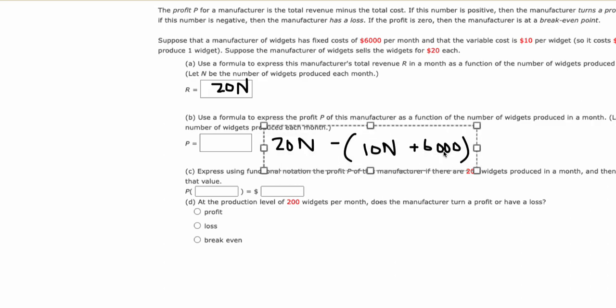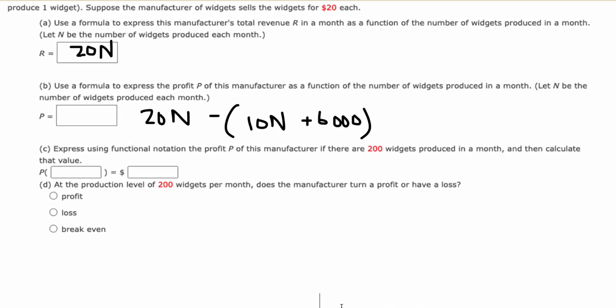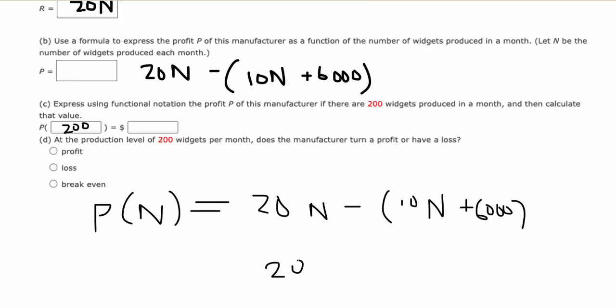They say, what if you had 200 widgets to sell? What would be the profit at that number of units? So profit is a function of the number of units. 20 times 200 minus 10 times 200 plus 6,000.